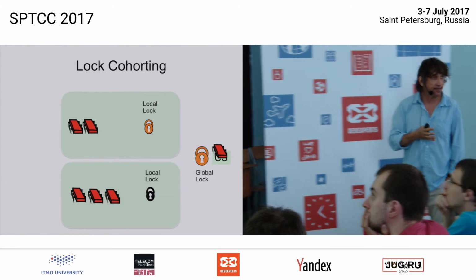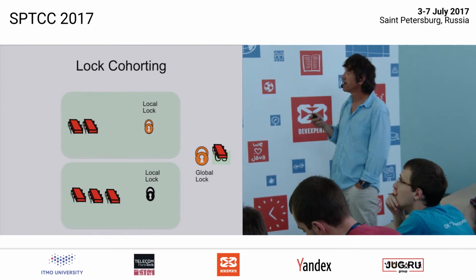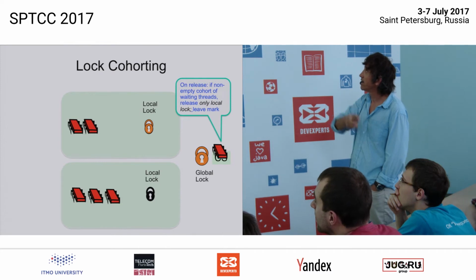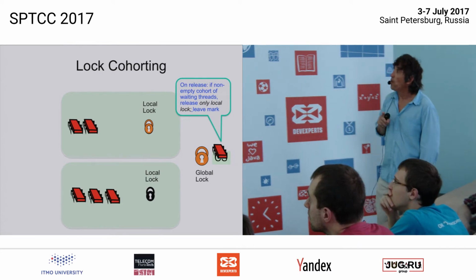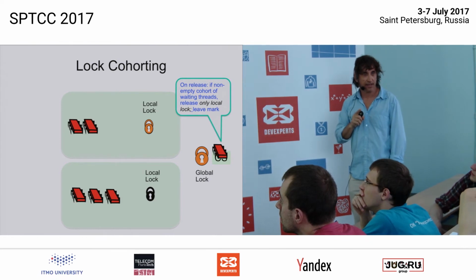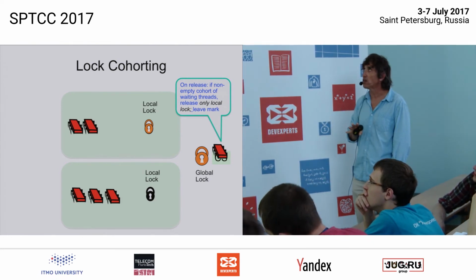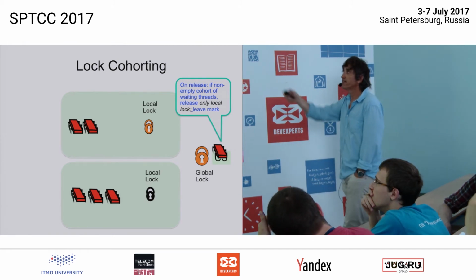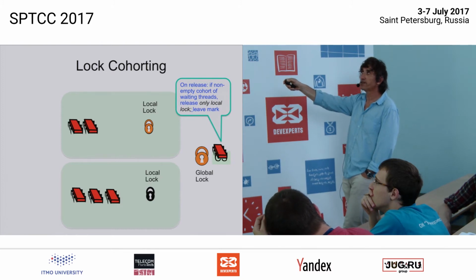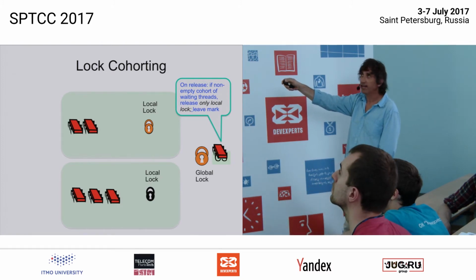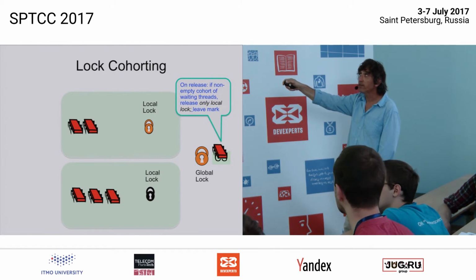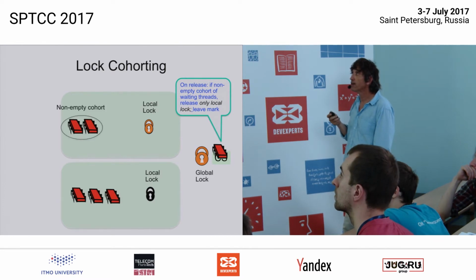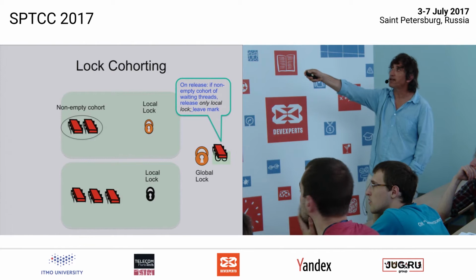It does what it does in the critical section, and when it's done and wants to release the lock, it checks to see whether there are any other threads waiting for its local lock. If there are, we call this a non-empty cohort.